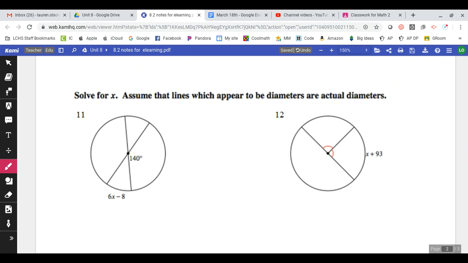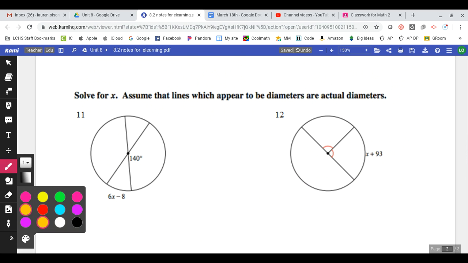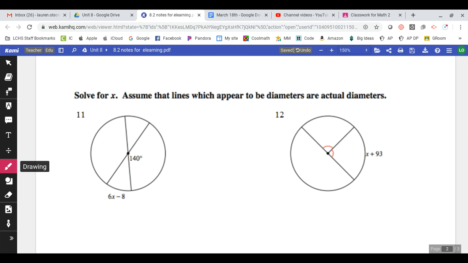Okay, now we just have some that have some equation solving in here. So again, I'm looking at this one and I see a diameter in here that could help me, and it is telling me right up here, assume that lines which appear to be diameters are diameters. So that means I know these things have to add up to 180 degrees.